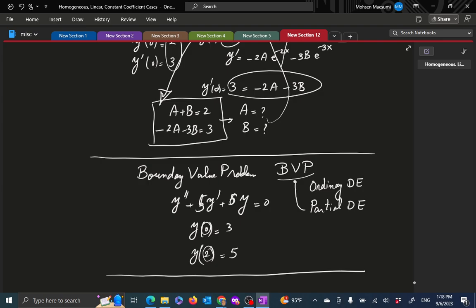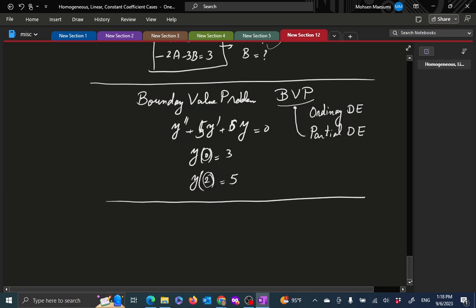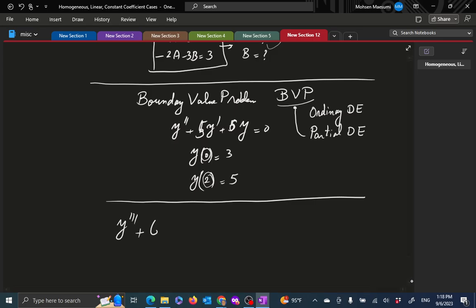But let's keep the problem manageable to mostly second order equations. So we could continue talking about, for example, a third order equation. For example, something like this.